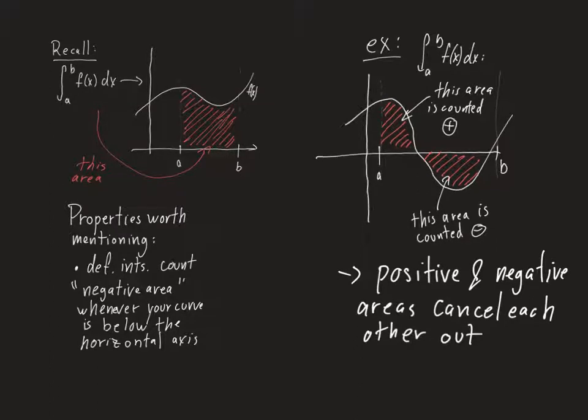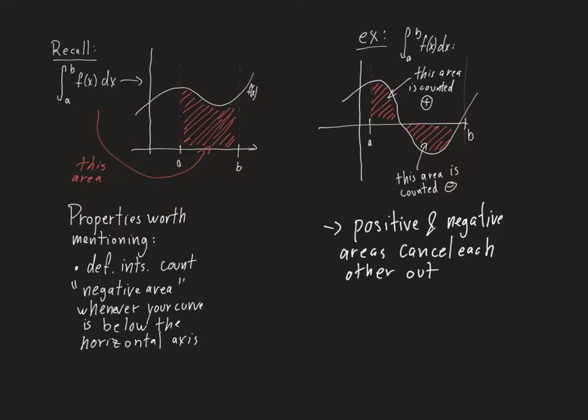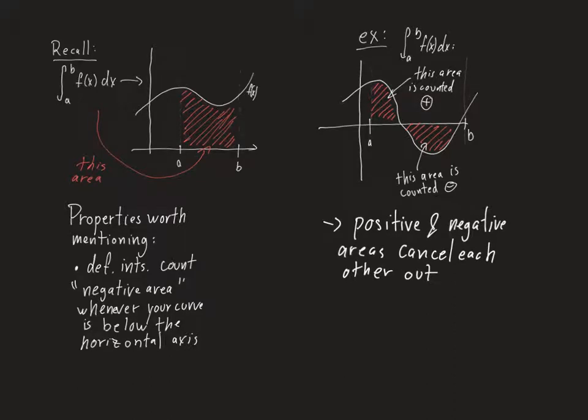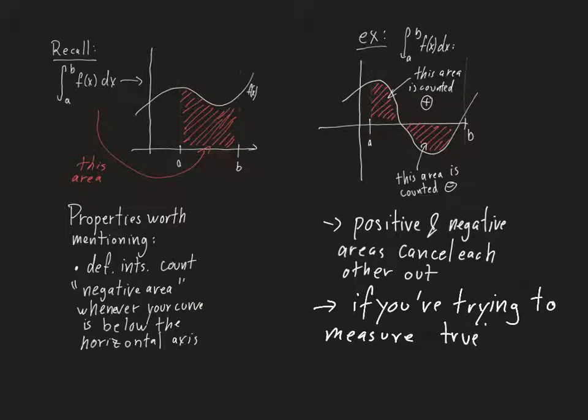Okay, so one basic consequence of this is that if you're trying to measure true, in other words, geometric area, you'll want to use absolute value signs.